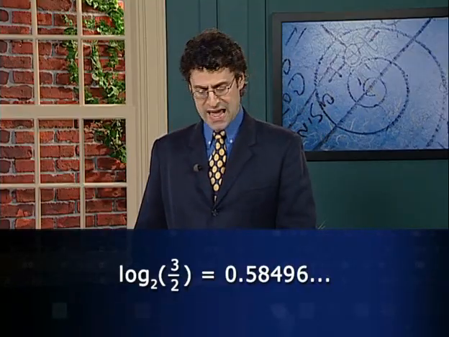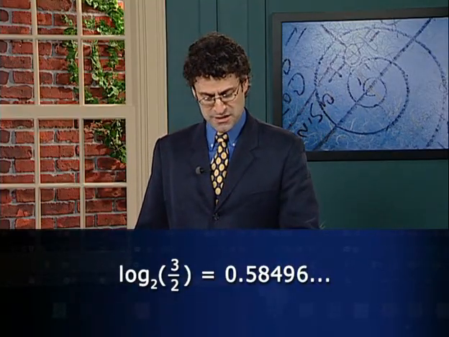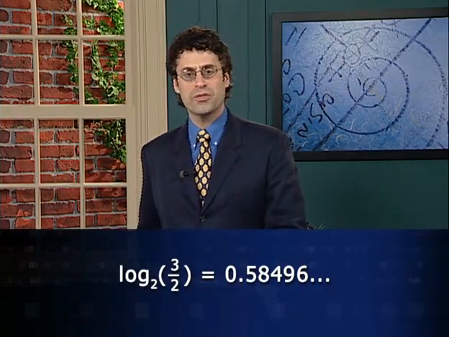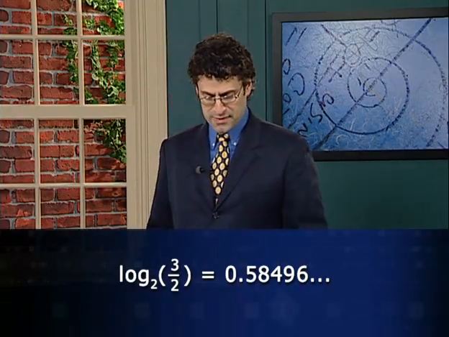We first find the continued fraction expansion for log base 2 of 3/2, and then truncate the expansion to generate its best rational approximations. Well, using the decimal expansion of log base 2 of 3/2, which works out to be 0.58496 and so forth, and a calculator, we can compute the first few terms of the continued fraction expansion.